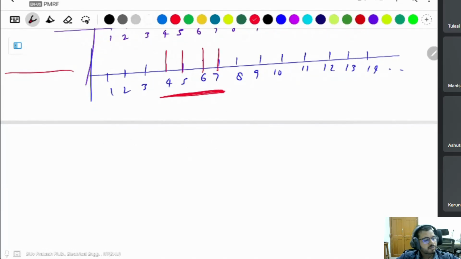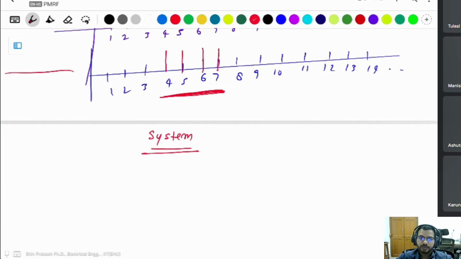Let's start with some introduction about the system. A system is a meaningful interconnection of devices which processes the output from the given input.